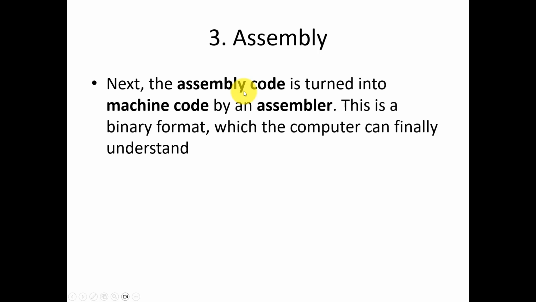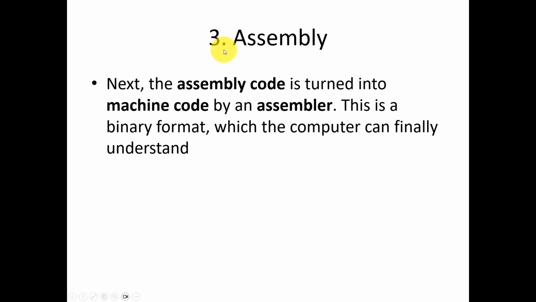The third step is assembly. The assembly code will be converted in this stage into machine code by an assembler. This is a binary format, and in this format it can be understood by the computer, because binary represents the two numbers 0 and 1, which can be understood by the processor.